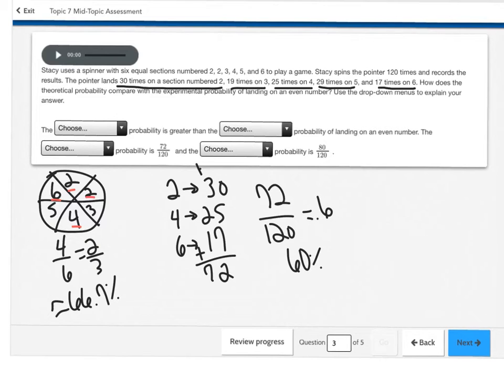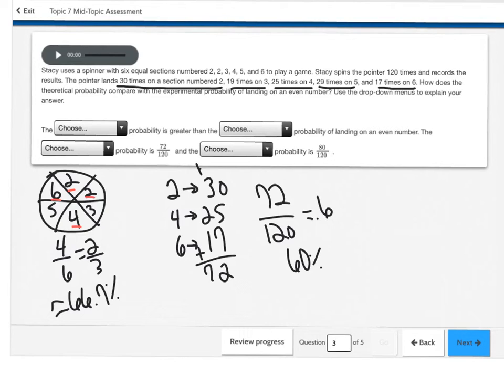We were expecting about 67%. We actually got 60%. It says the blank probability is greater. So theoretical probability is greater than experimental. From how we worked that out, the experimental is 72 out of 120 and theoretical is 80 out of 120.